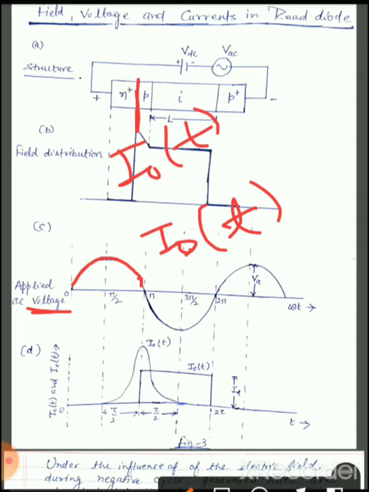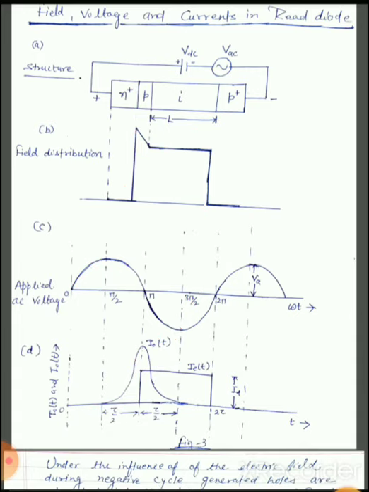This is the current I0(t). This current grows exponentially with time while the field is above the critical value.